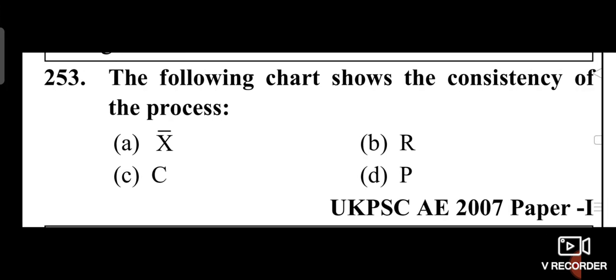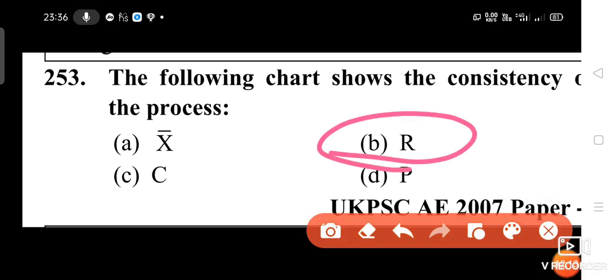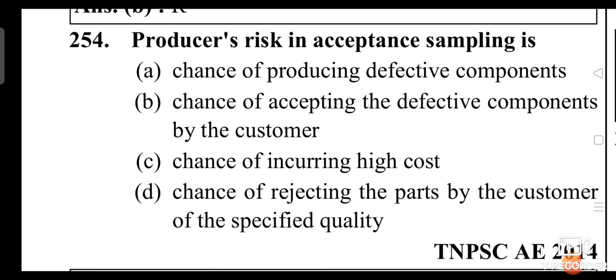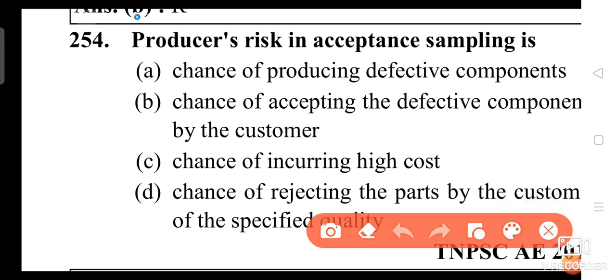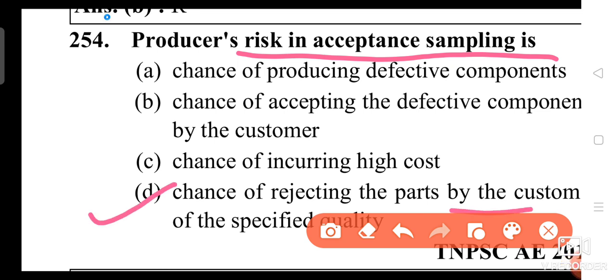Next, the following chart shows the consistency of the process. R chart shows the consistency of the process. Next, producer risk in acceptance sampling is the chance of rejecting part by the customer of the supplied quantity.